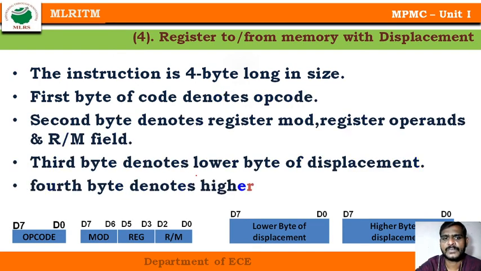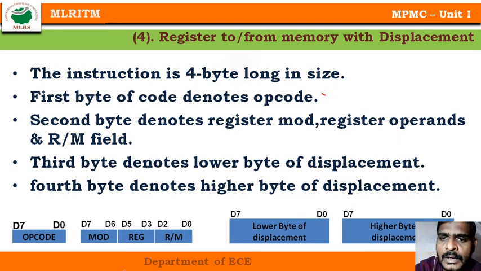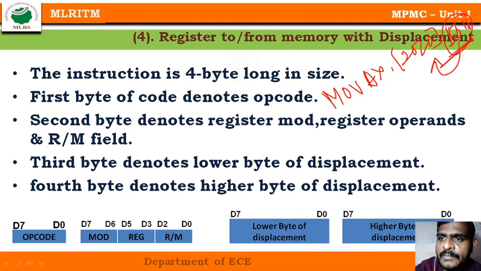So what is this here? Here the third byte denotes the lower byte of displacement and the fourth byte denotes the higher byte. If I take an example, I can write MOV AX, 2020 into 50H, which means that this 50H is a displacement which needs to be added to the address location 2020.